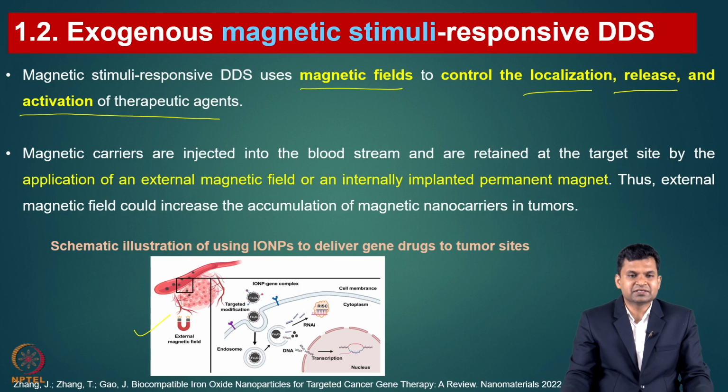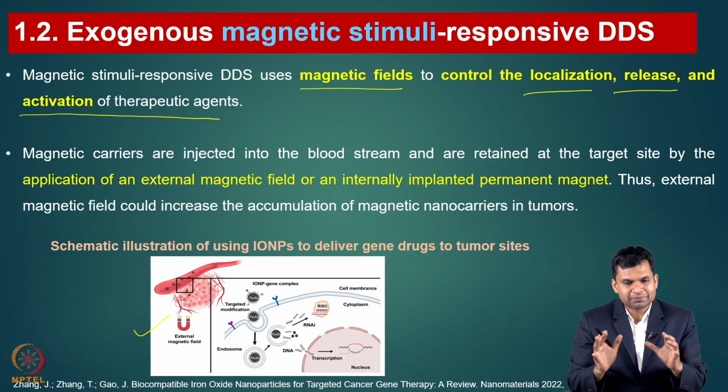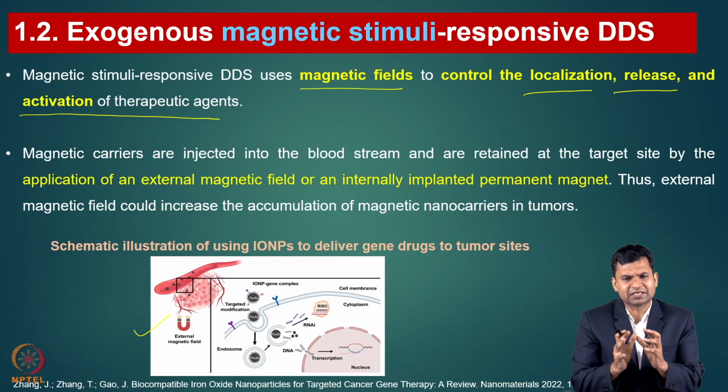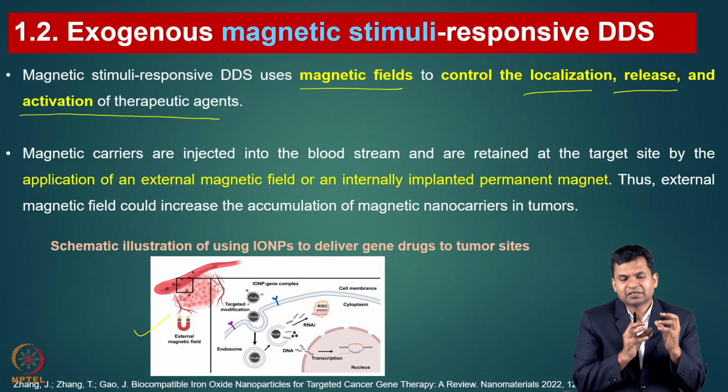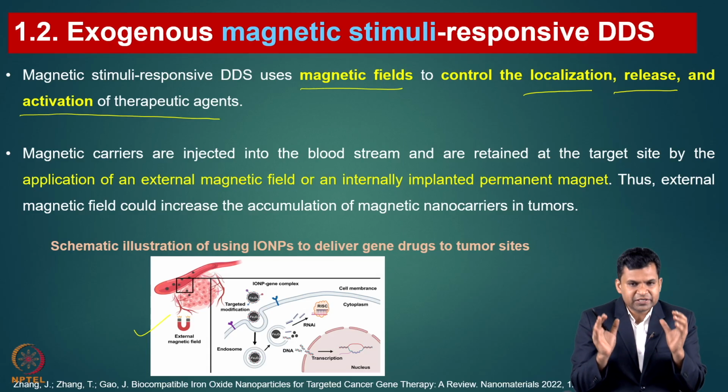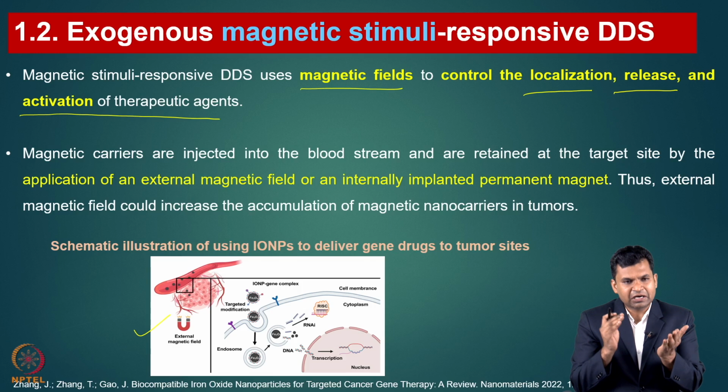So, magnetic carriers are injected into the bloodstream or retained at the target site by the application of an external magnetic field or an internal implanted permanent magnet. For example, consider if you want to target your magnetic carriers and see the images of the cancerous cells in breast cancer. What do we need to do? We have to inject the magnetic nanoparticles into the blood.